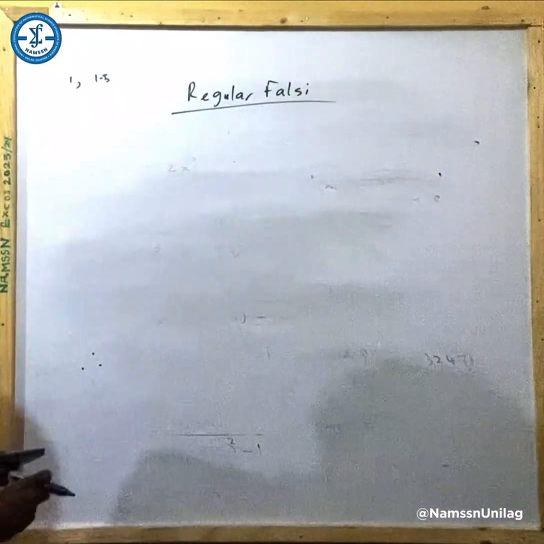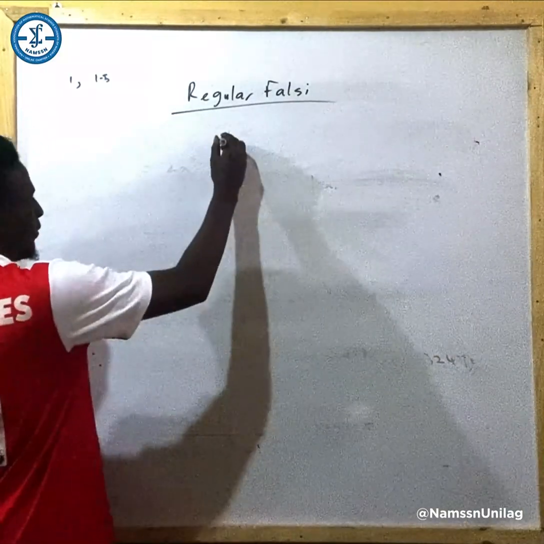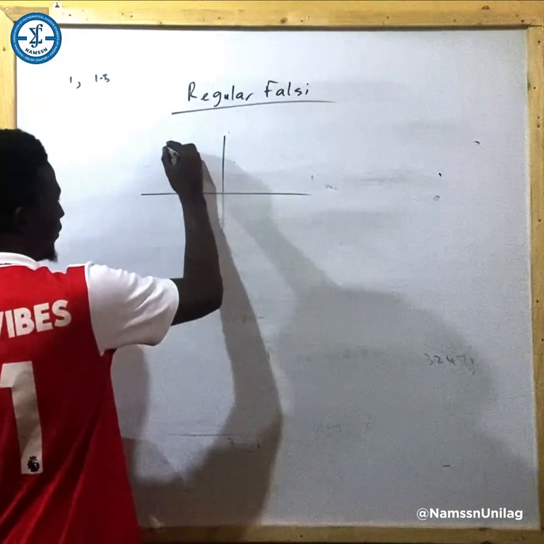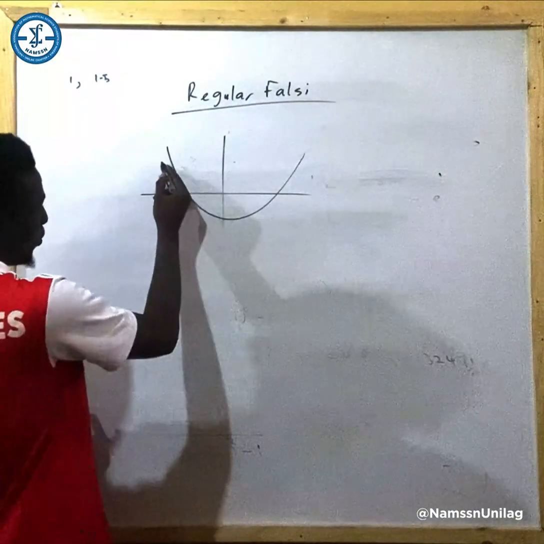So what is the regula falsi method? Let's say I have a curve and I have a line connecting the curve, let's say a chord.